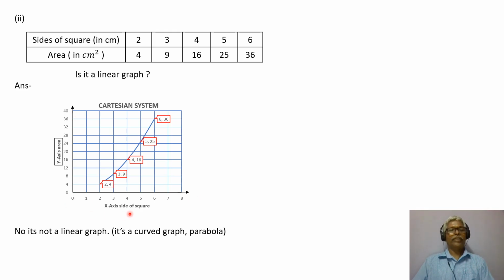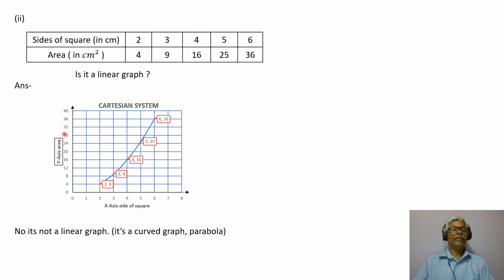Now on the x-axis we are taking sides of the square and on the y-axis the area. So here 2, 4; 3, 9; 4, 16; 5, 25; 6, 36.